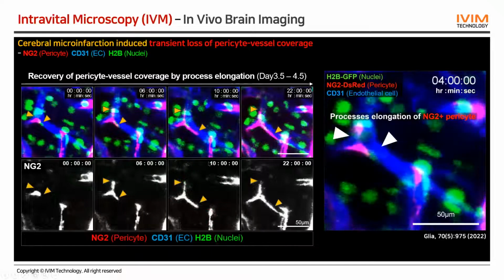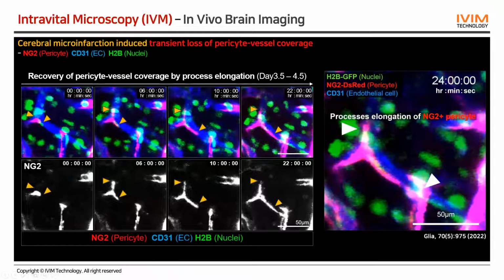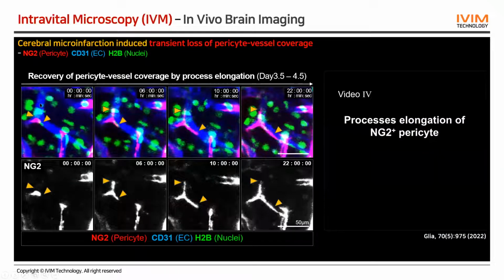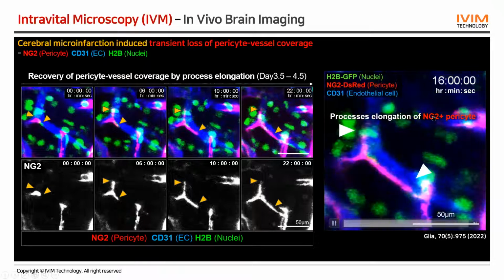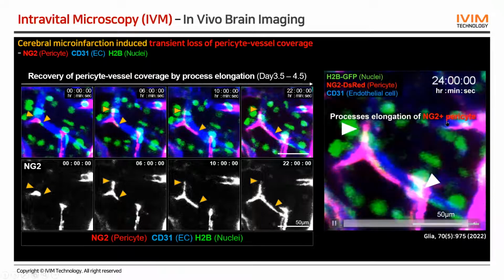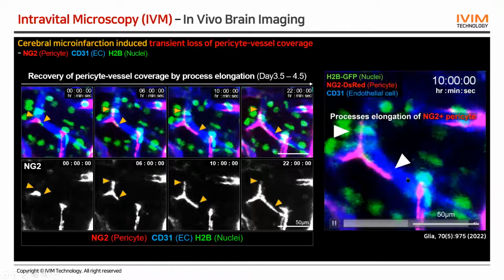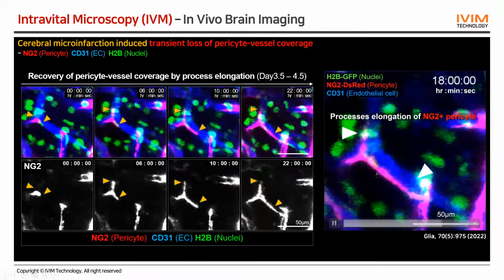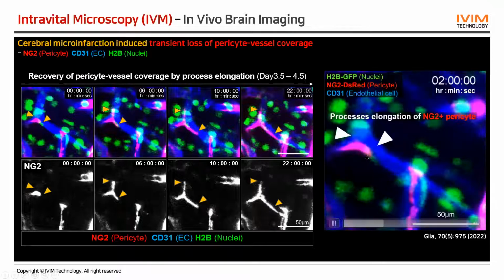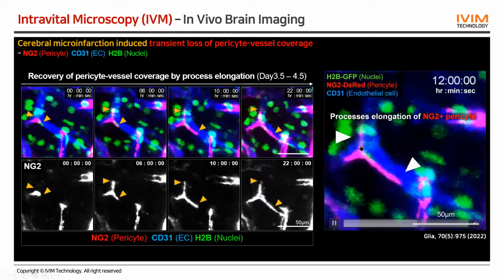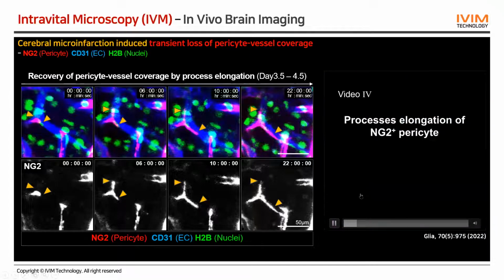And this is another data showing the pericyte coverage of the blood vessels in the brain. You can see this red color is the pericyte. It's Ang2 positive pericyte. And this video, over 22 hours, shows the pericyte coverage on the blood vessel recovering after inducing the dysfunction.